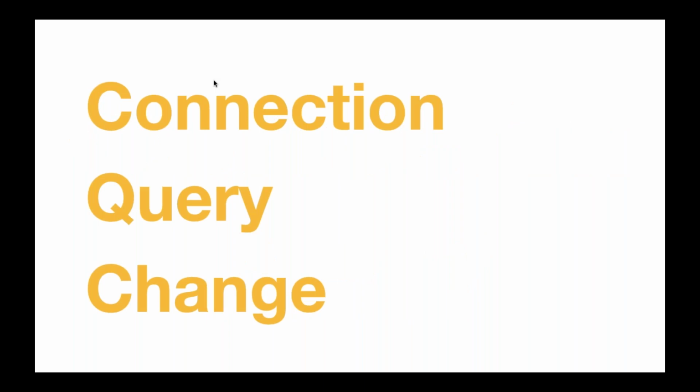So maybe with Ecto, some of the concepts that deserve their own data and some thought about the data before you ever move further are the ideas of a connection and a query and a change policy.